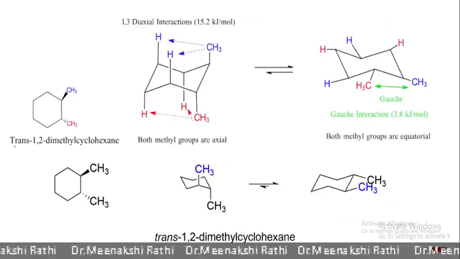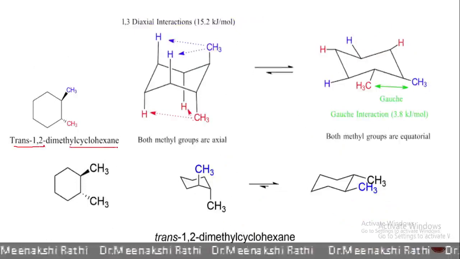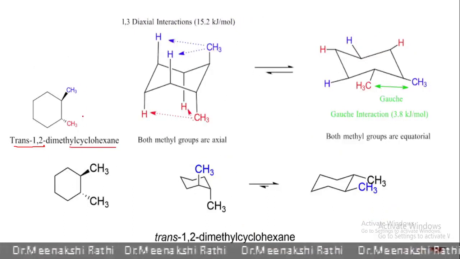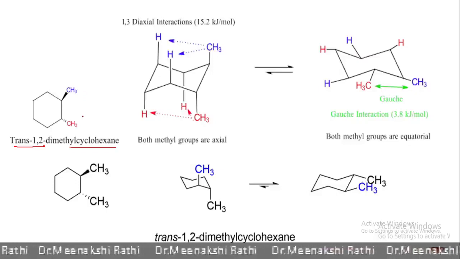While in case of trans 1,2-dimethyl cyclohexane, both the methyl groups are present in opposite planes. That means one is above the plane and one is below the plane.